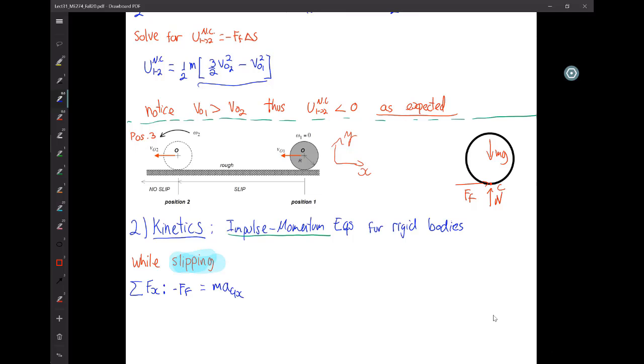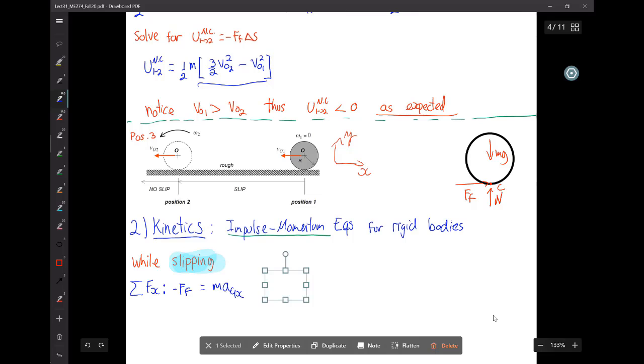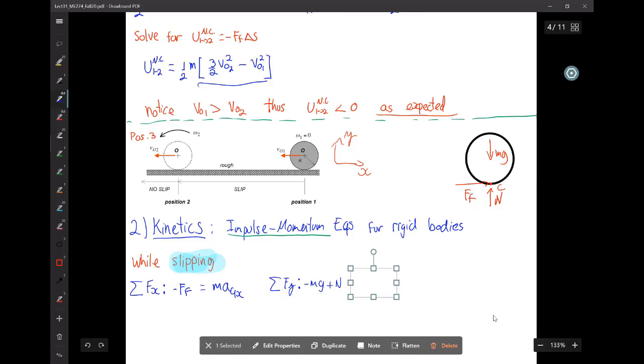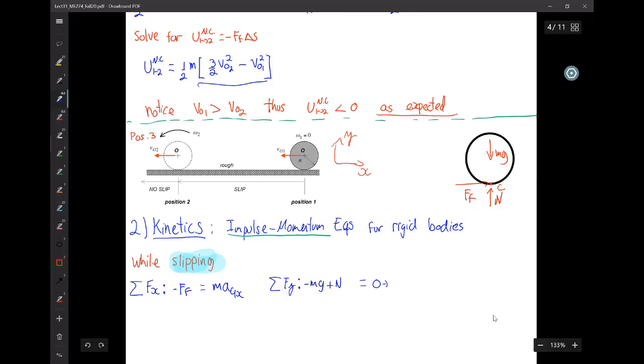By the friction. Now if we look at the y direction, we have negative mg, positive normal force, and this is equal to 0, right? We have static equilibrium in the y direction, meaning that the forces are balanced. And if we have static equilibrium, what can we say about the linear momentum?